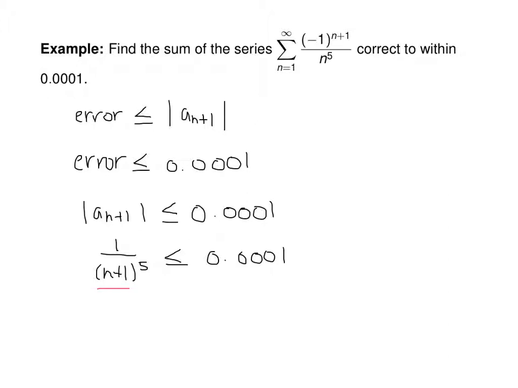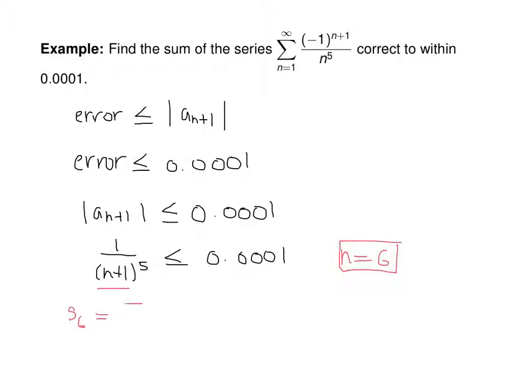If you test n's, n equals 6 is the first n where the value of 1 over 6 plus 1 to the 5th is less than 0.0001. So we're going to estimate this sum using the sum of the first 6 terms.